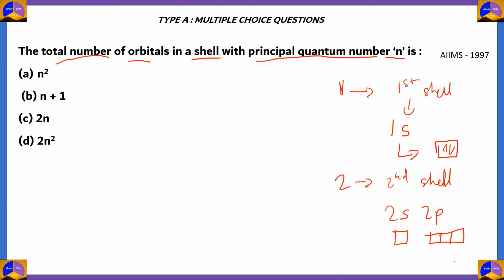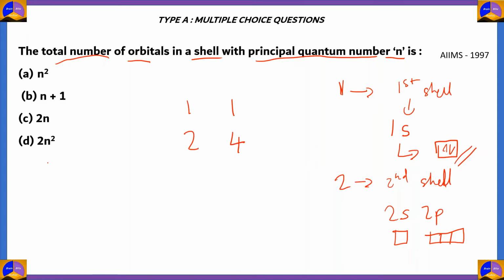Because s has 1, p has 3, d has 5, and f has 7. That is the number of orbitals present in each of the subshells. So over here, when n is equal to 1, we find the total number of orbitals is 1. And when n is equal to 2, the total number of orbitals is 4.